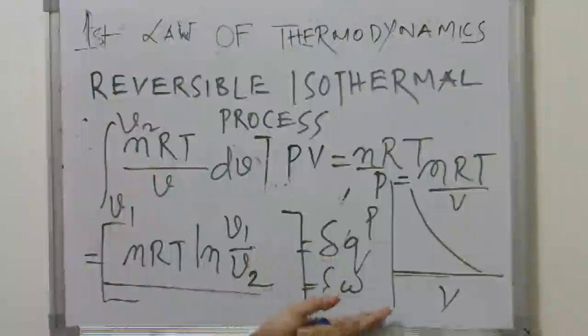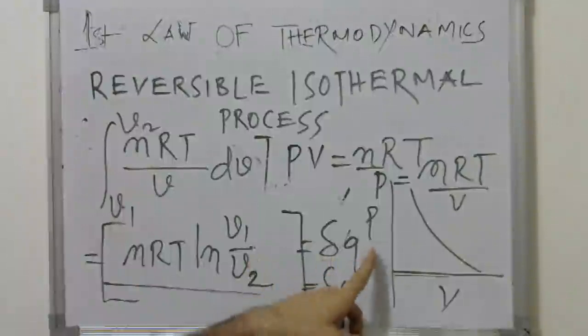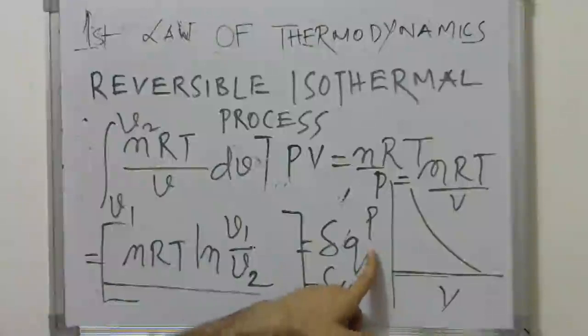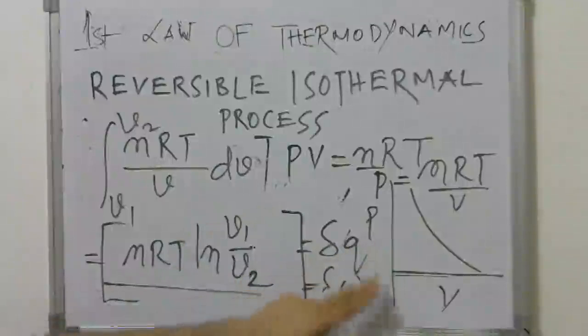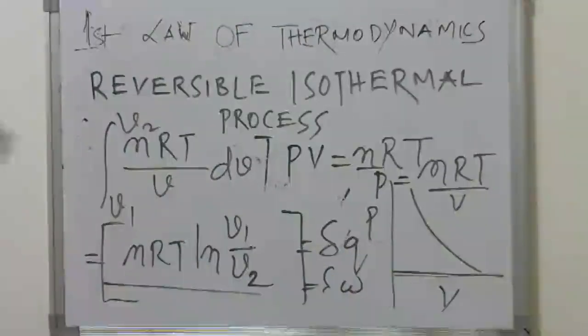If you do some work on the system, it will increase the internal energy of the system, so some heat will be ejected from the system. So this term delQ is equal to delW will be there, and delQ minus delW is always 0.